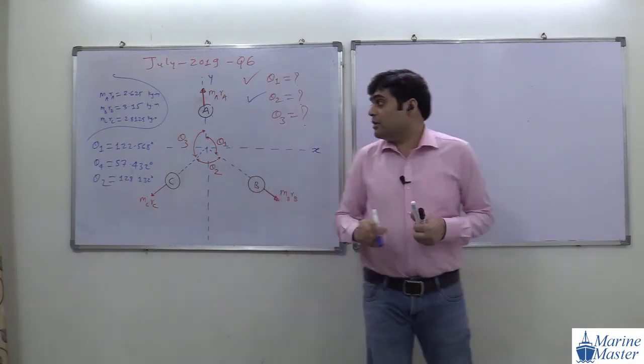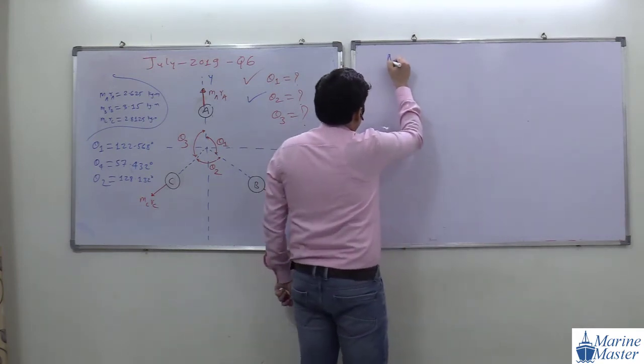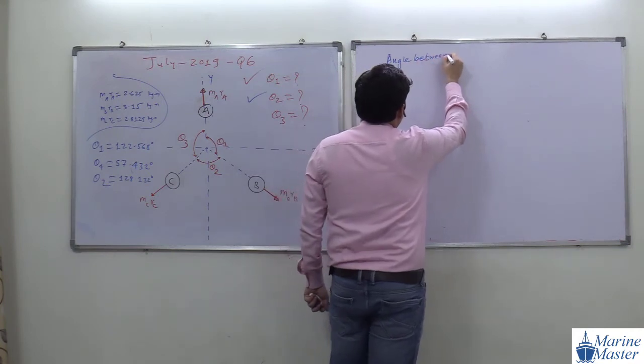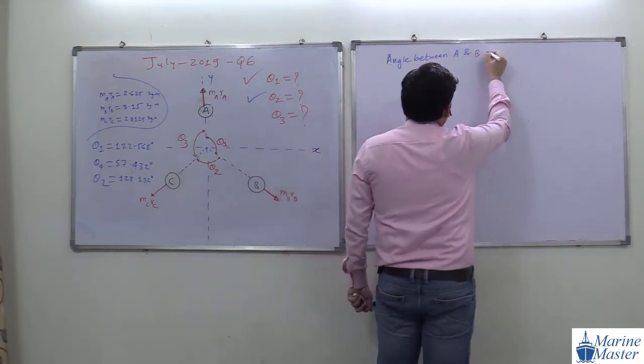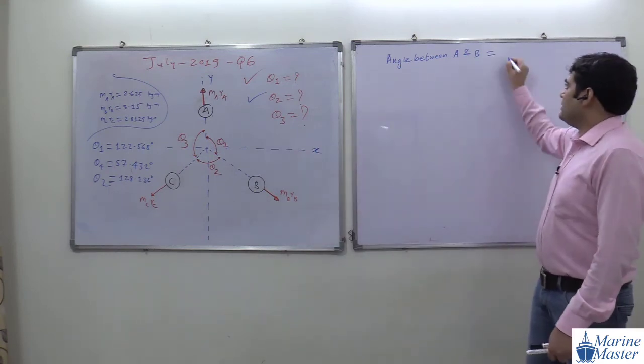First point is the angle between A and B. What is the angle between A and B? Theta 1.